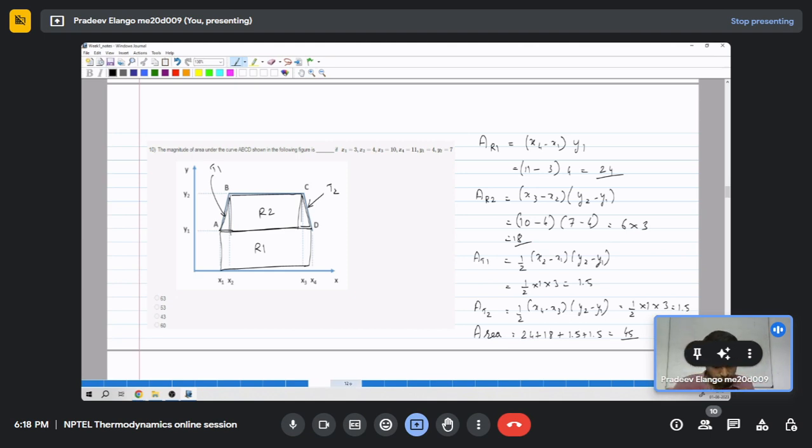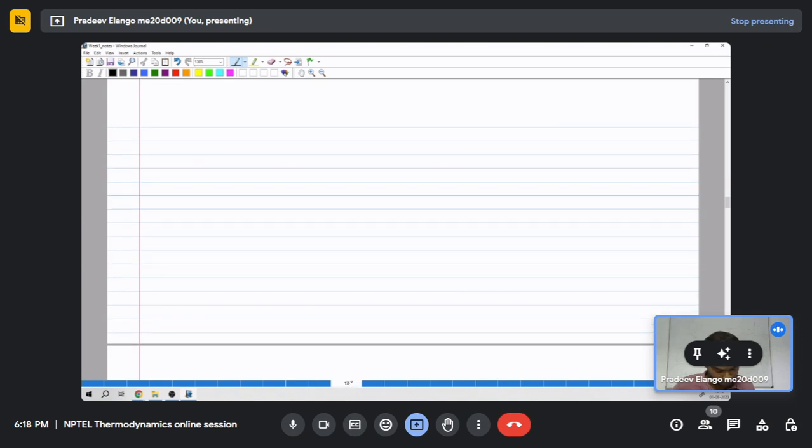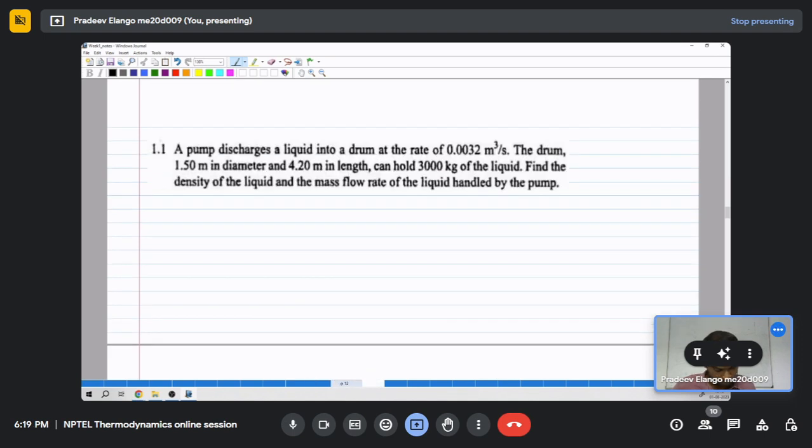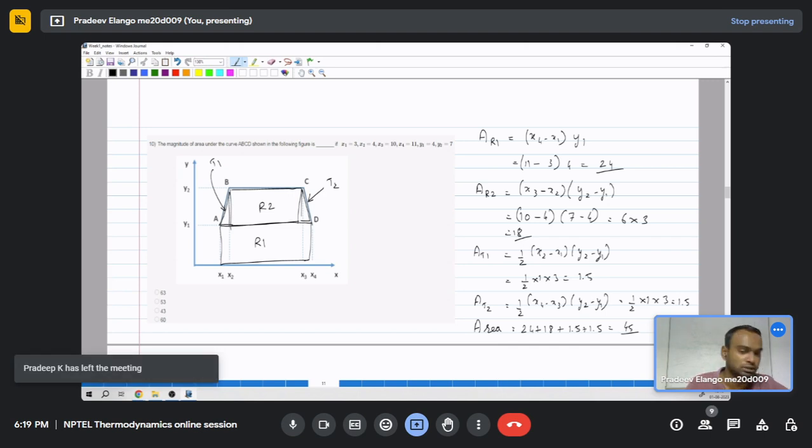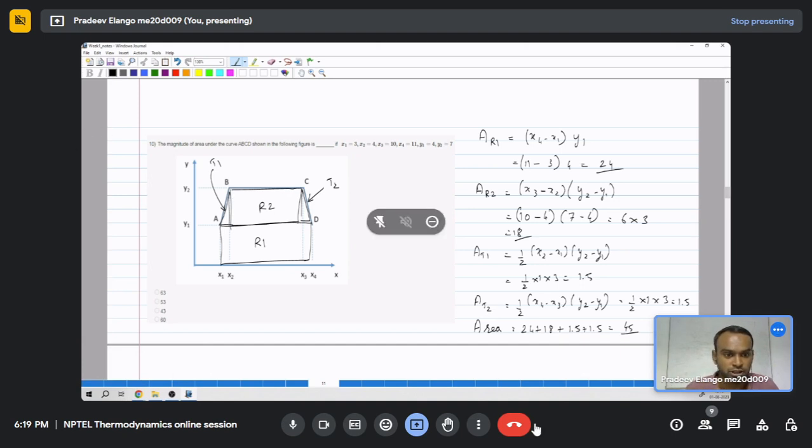So these are the problems that were given in the week 1 assignment. Before moving to the next problems, I would just like to have some introduction about you, and a little background of you, so that I can plan my problems in such a way that will help you.